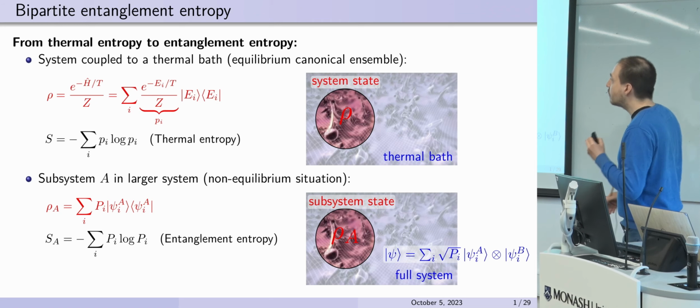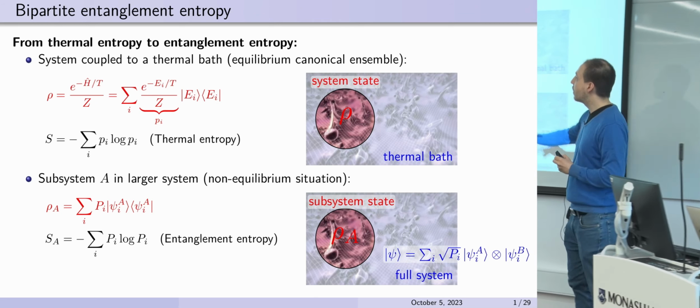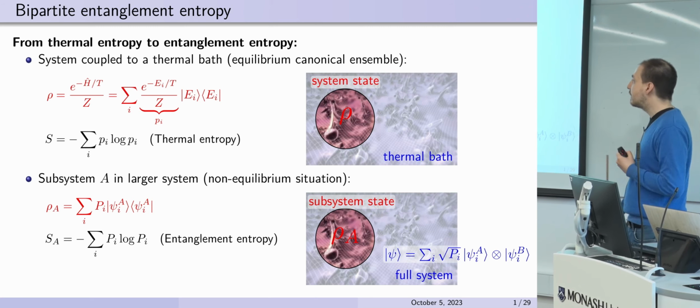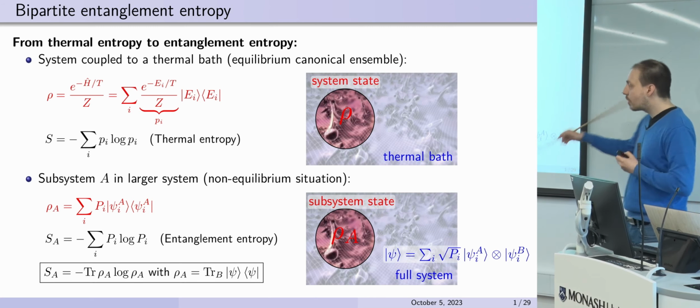Again, we can compute the entropy associated to the probability distribution in front of these different states, and this is the entanglement entropy. We can compute it with a trace formula.